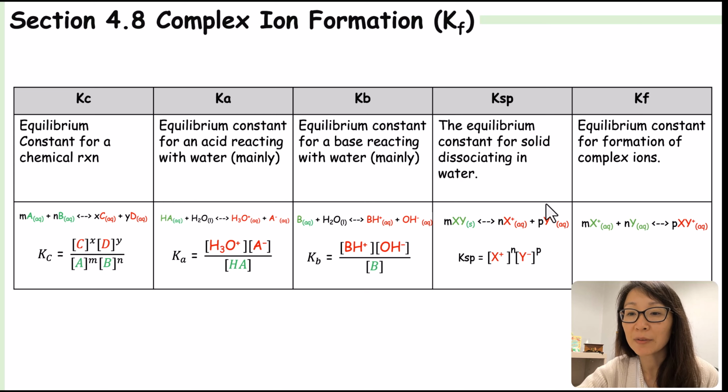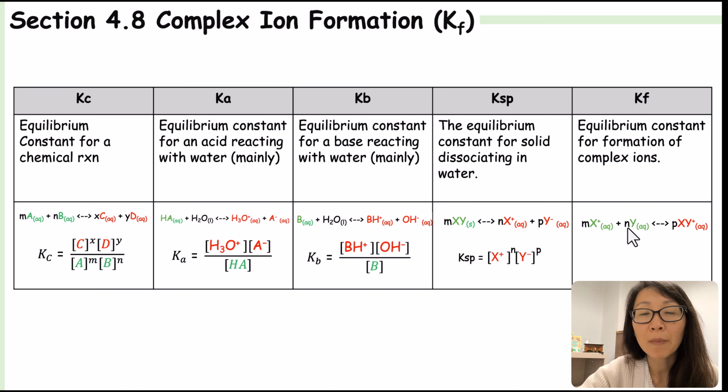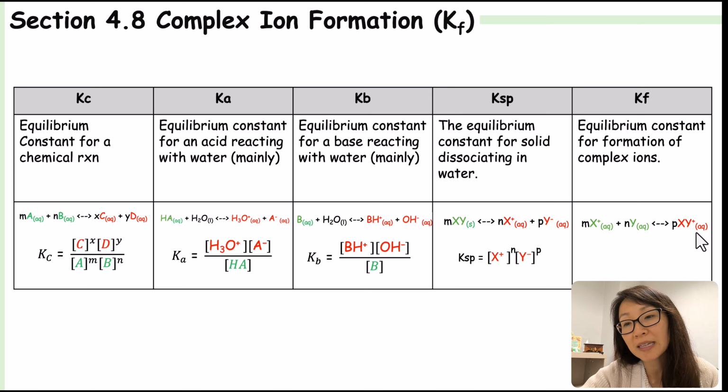And finally, we come to the equilibrium constant for a complex ion, the formation of it. Here's a metal ion with its coefficient, and n representing the coefficient for Y, maybe a ligand molecule like NH3 we just talked about. The other one was cyanide. It could even be a charged particle. Nevertheless, you form this complex ion.